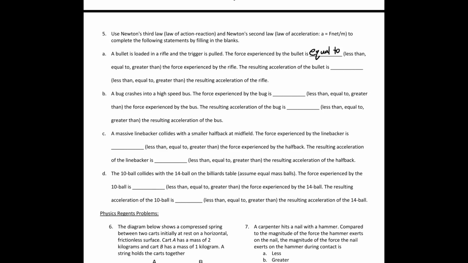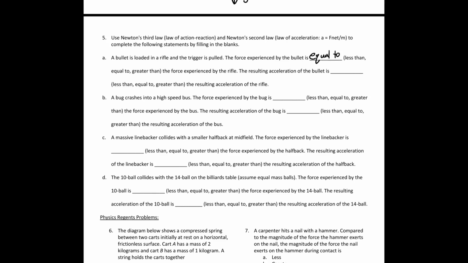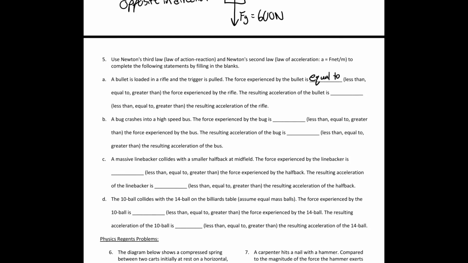The resulting acceleration of the bullet is blank the resulting acceleration of the rifle. If you've ever shot a rifle before, you can feel the kickback. So the rifle is definitely accelerating here. But is it accelerating as much as the bullet? Well, if we look at the law, it's Newton's second law, we could set up a fraction, and we're going to do one for the bullet and one for the rifle.